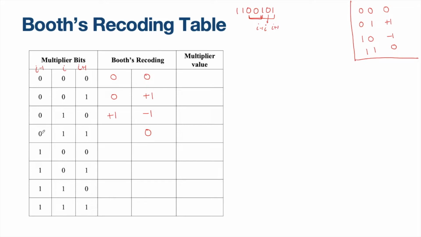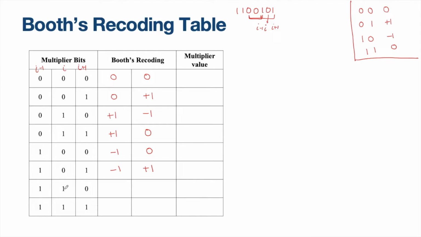There is a transition from 1 to 0, therefore it is plus 1. The fifth choice, the transition is from 0 to 0, therefore 0. 0 to 1, therefore minus 1. If there is a transition from 1 to 0, it is plus 1. For 0 to 1, it is minus 1.